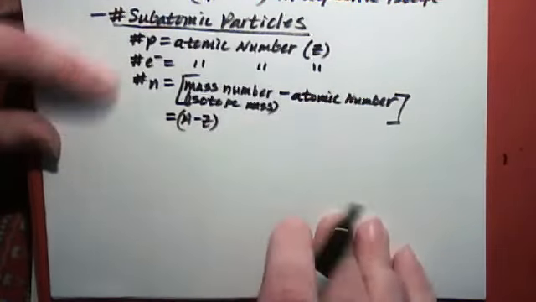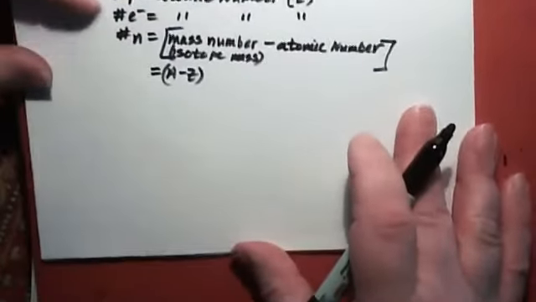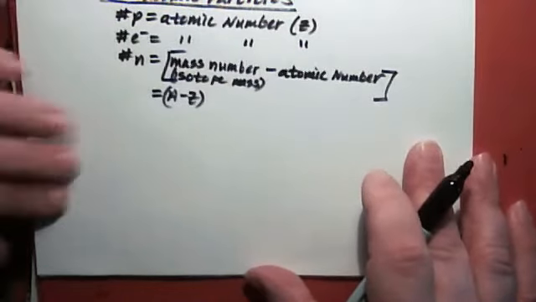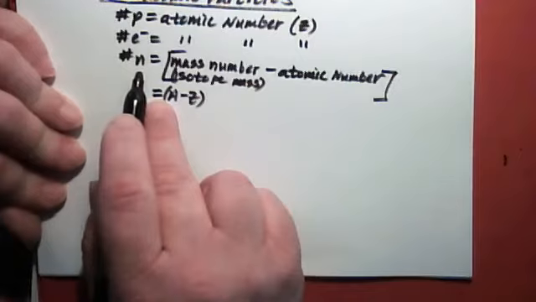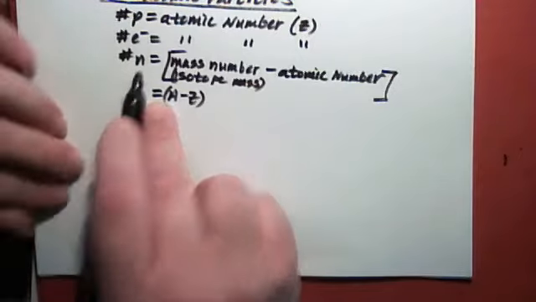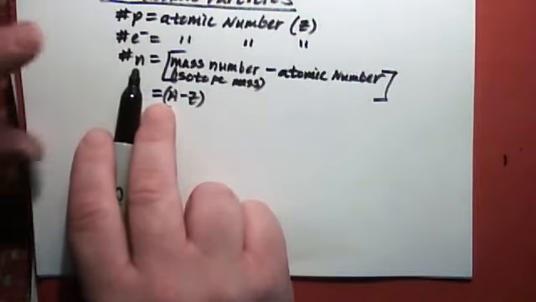Or in other words, in the symbols that we used up above, A minus Z. So what this means is that you can only find the number of neutrons for a specific isotope.